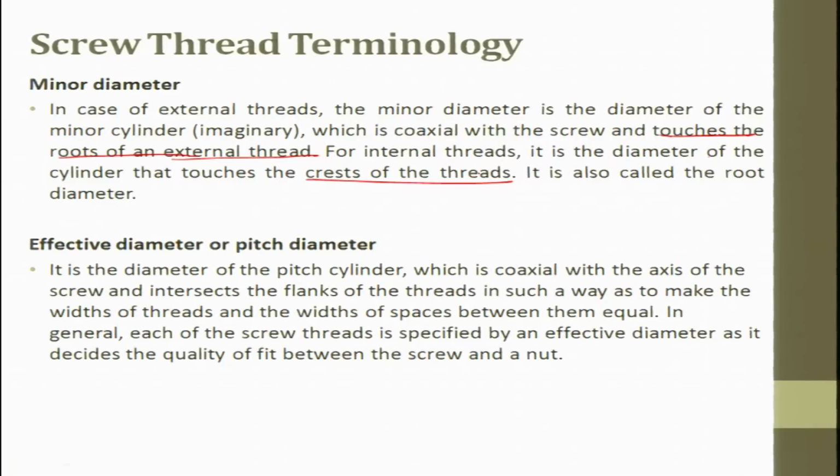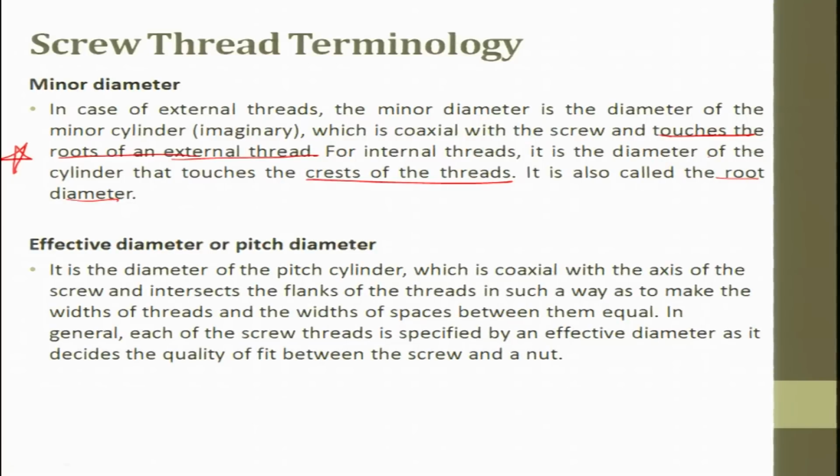This is for internal and that is for external. Please, this is very important. When a definition is asked in the examination, you can always say the major diameter in terms of internal threads touches the crest of the thread. This is called the root diameter.